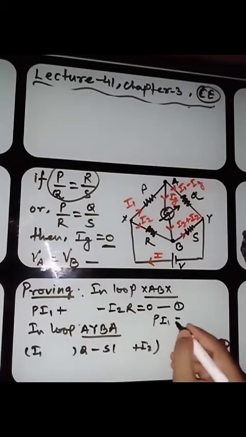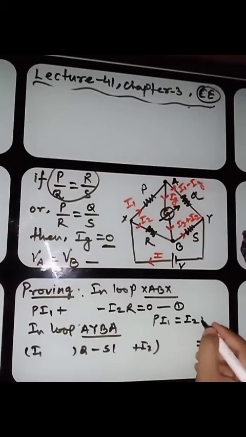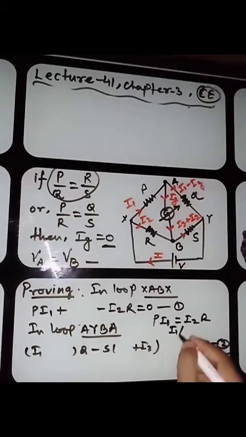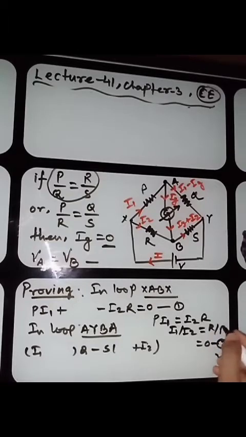P I1 is equal to I2 R, that is I1 by I2 you can write as R by P. I1 by I2 is R by P. And now from here I1 Q is equal to I2 S because it is 0.